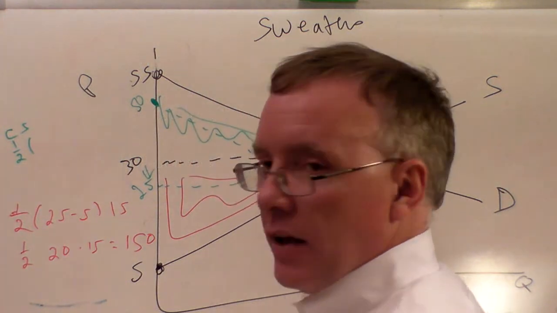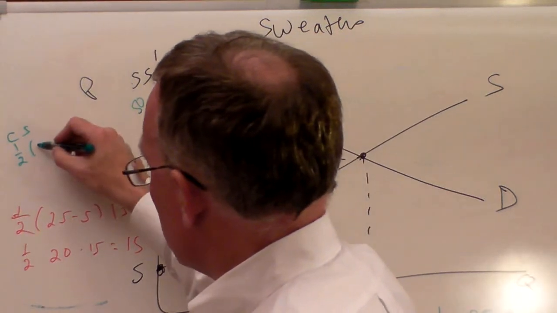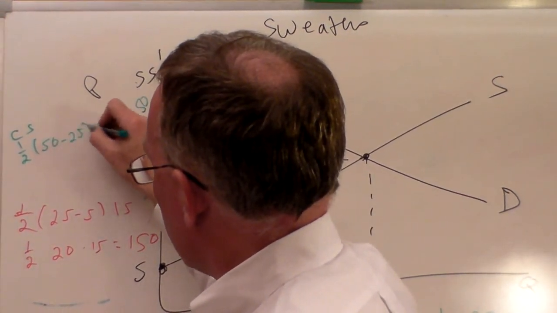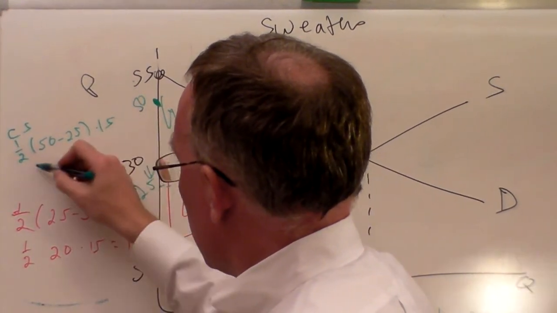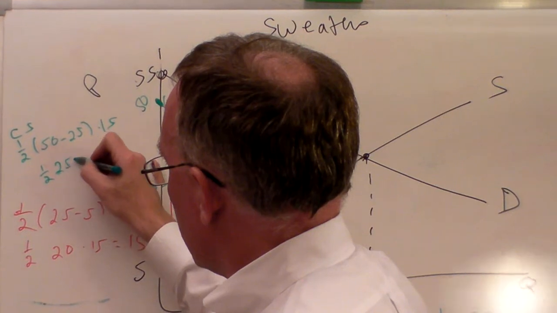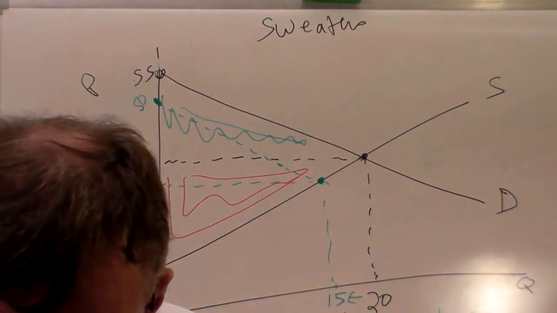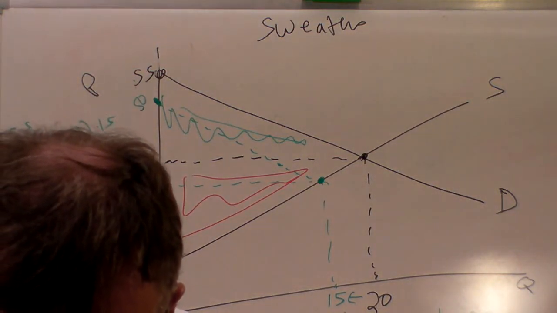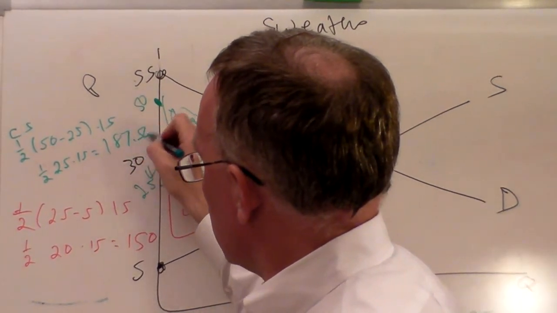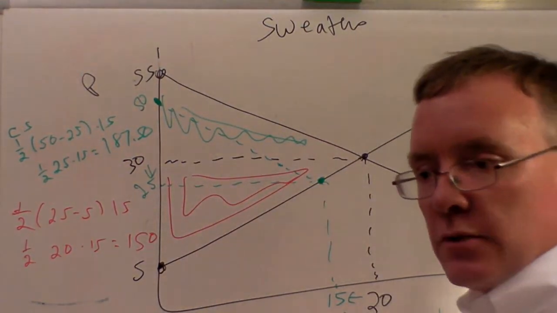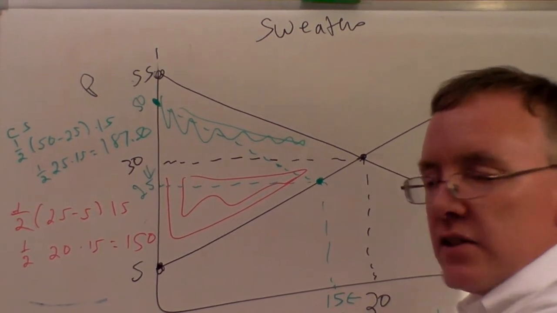Remember, our demand curve fell at the intercept, and as well as we get to a lower equilibrium price. So it's 50 minus 25 times our new quantity, which is 15. So this is half of 25 times 15, and I did it out earlier, and that's 187.50. So again, it's lower than our 250, because we have less trade, so we're going to have less gains from trade.